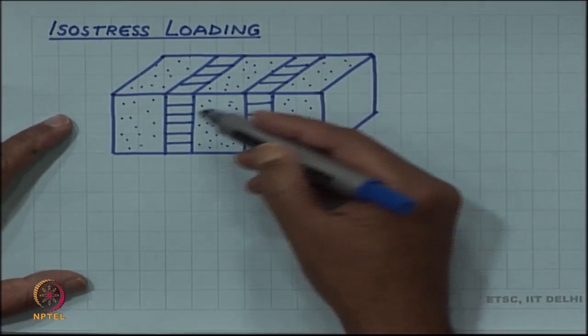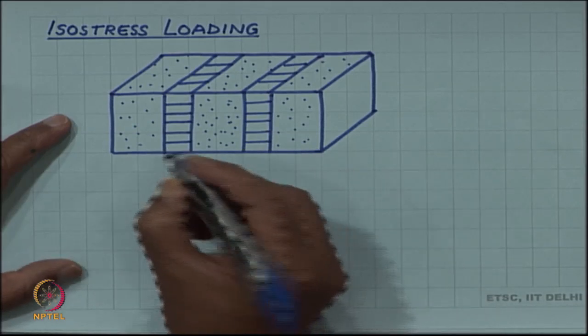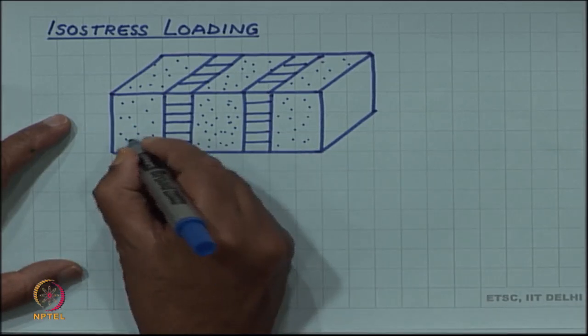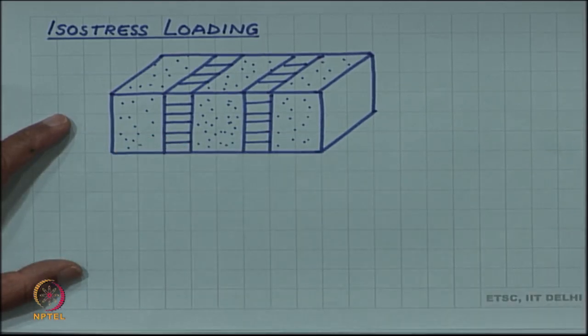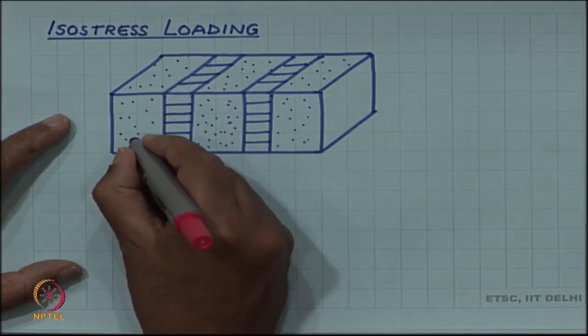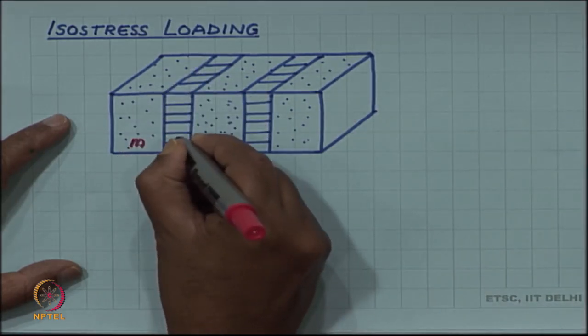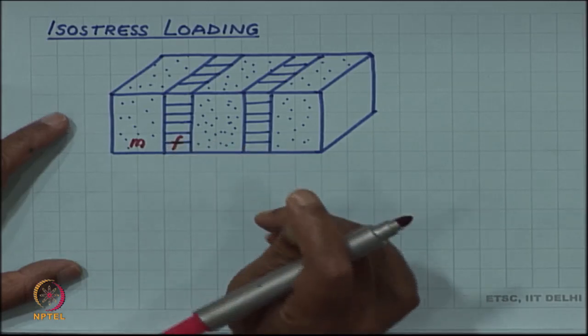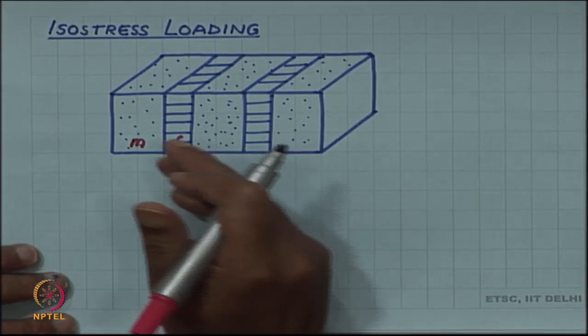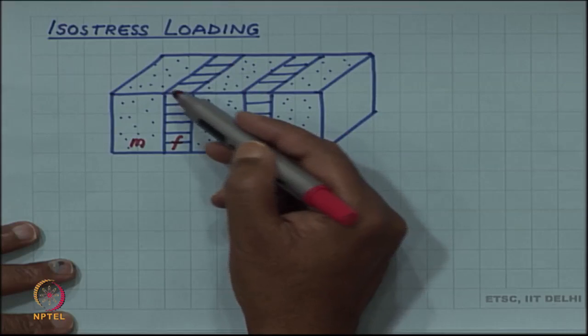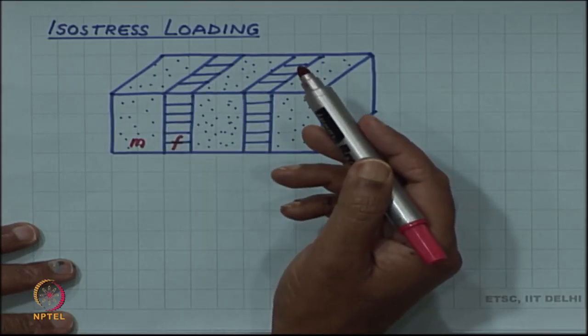Here we have slices of the two phases. So, let this be the matrix phase and let this be the fiber phase. Calling this slice a fiber is not a good terminology.